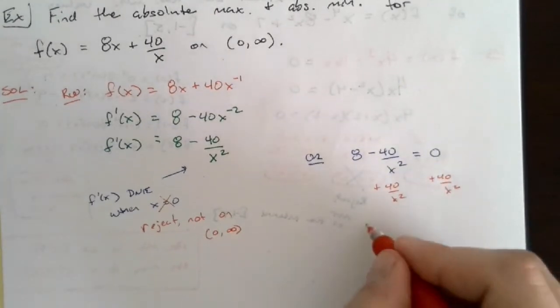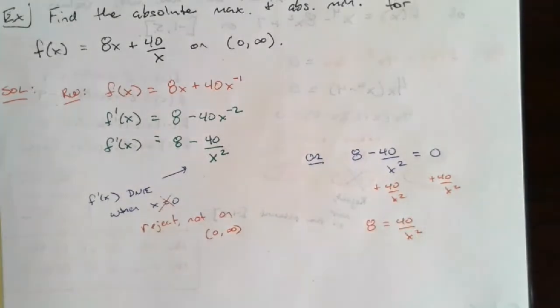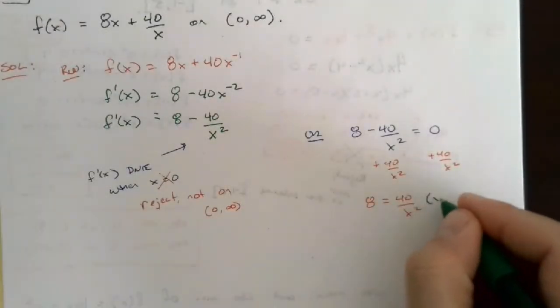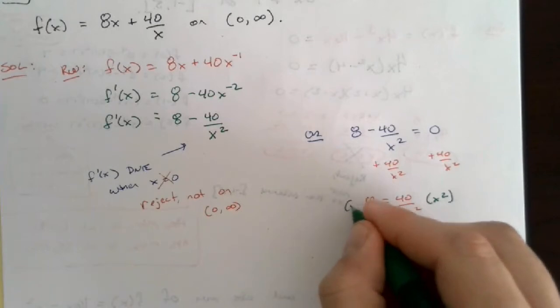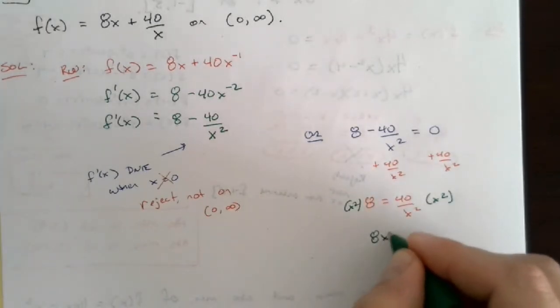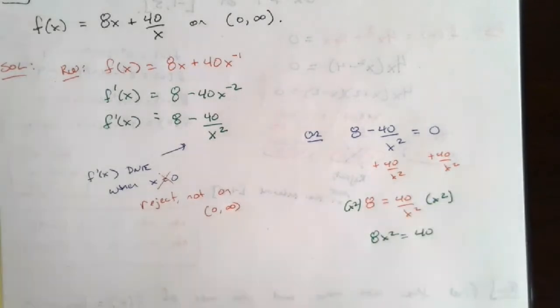So we end up with 8 equals 40 over x squared, and then multiply by x squared on each side because you want to clear the fractions. You also could cross multiply, putting the 8 over 1. It gives you the same thing. We get 8x squared equals 40, since these x squared cancel.